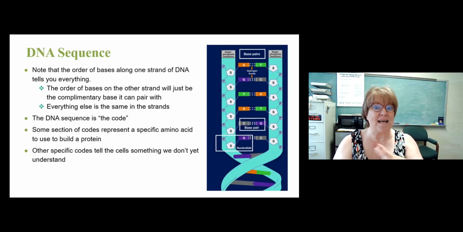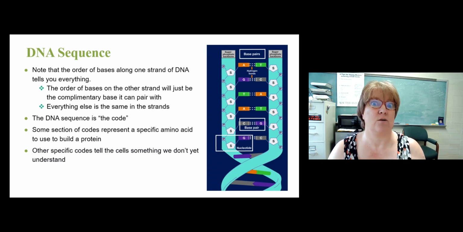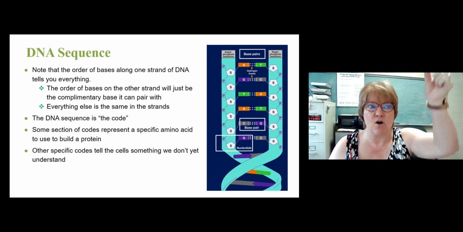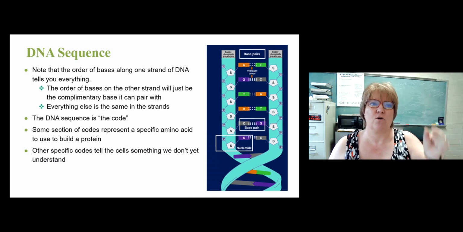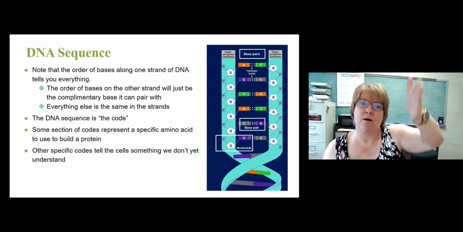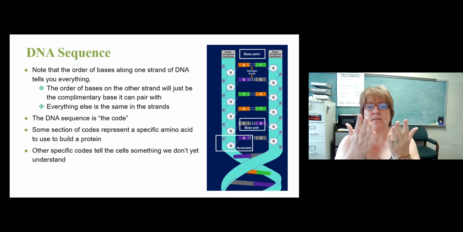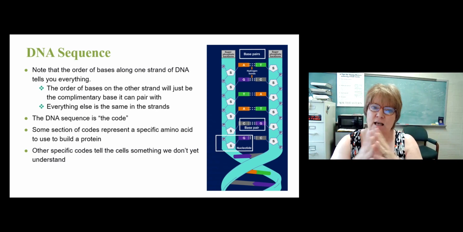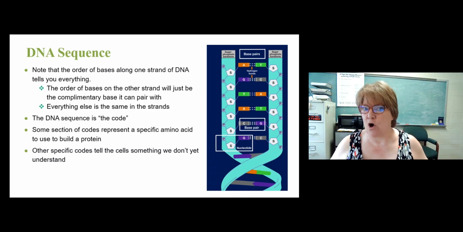Okay, let's look at what we call the DNA sequence. Everything we need, I can find by the sequence of bases on one strand. The order on the other strand will just be the complementary base pairs. So I really only care about one strand, although they will exist together, and everything else is the same. This DNA sequence is what we call our code.